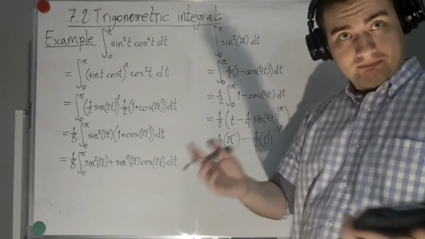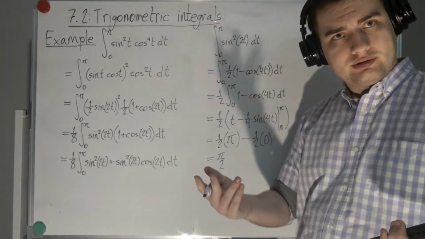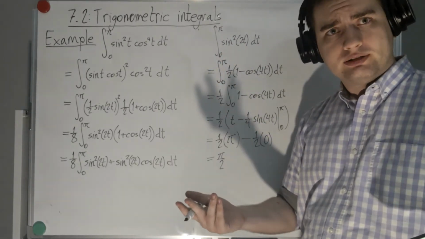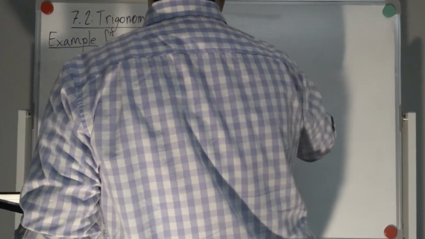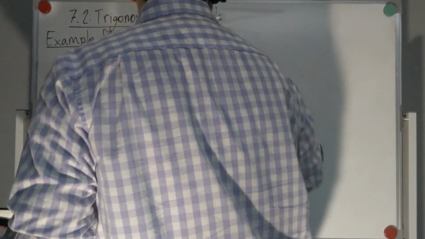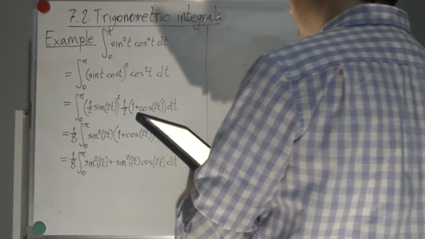Right then, so next up, we need to consider a similar but different type of situation. We've dealt with situations where we have a power of sine times a power of cosine. What if we were to have a power of tangent times a power of secant?